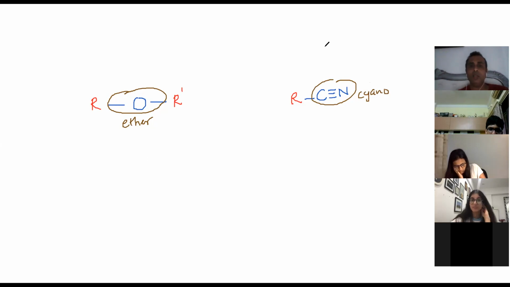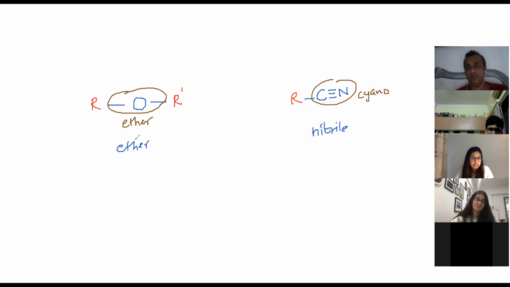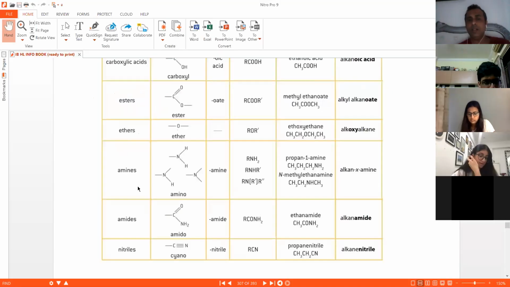Okay, and the homologous series names are nitrile and ether. But you need to spend time on this table. I have just given a rough idea about that, and the naming system we are going to see in detail.